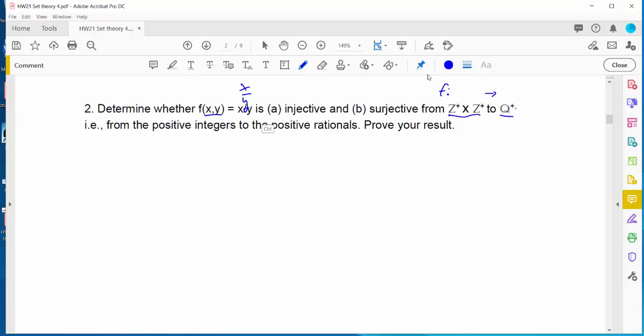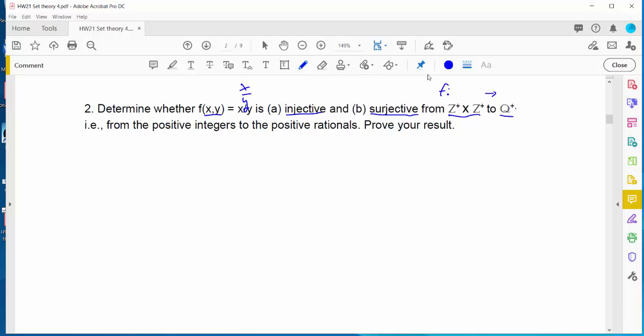So again, you just need to figure out whether it's injective and whether it's surjective. And so for injective, again applying the definition which we wrote above, you're just going to have to ask yourself if f maps every ordered pair into one and only one value of Q plus.